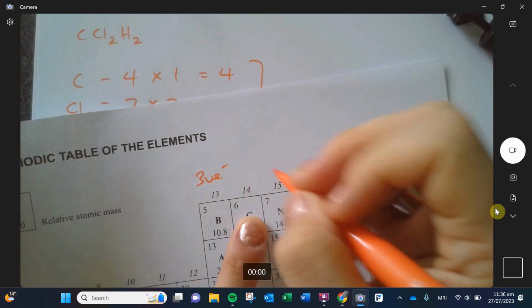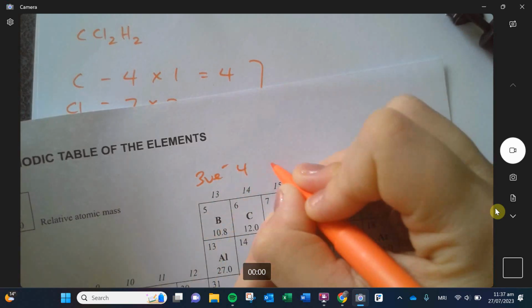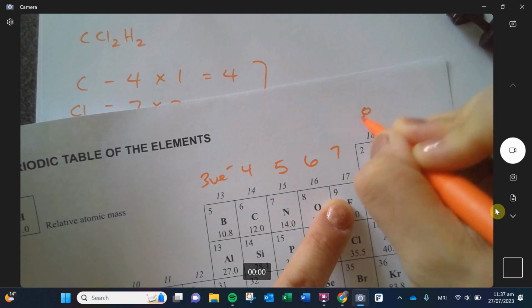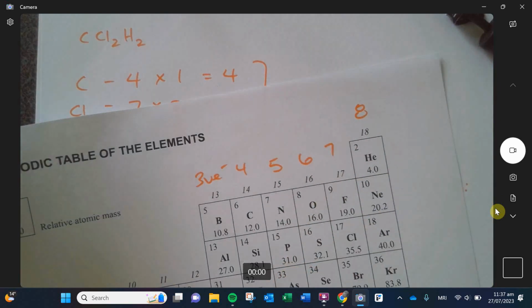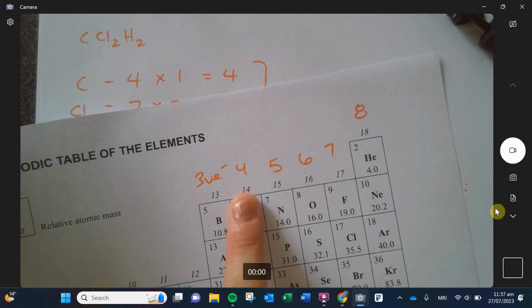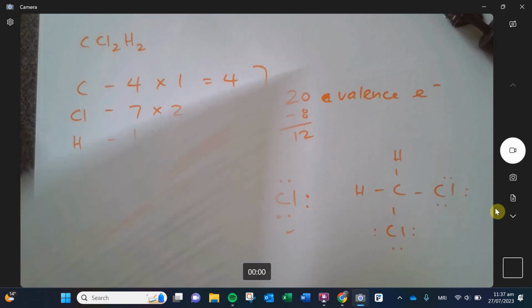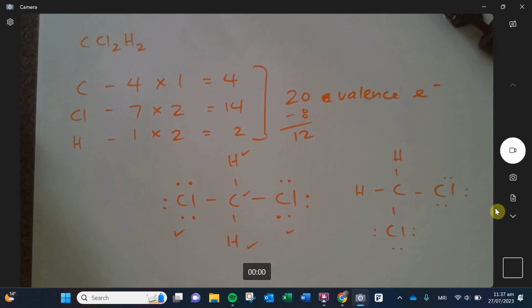Sorry, group 13. 14 would be 4, 15, 5, 16, 6, 17, 7, 18, 8. So what I do is I look for the element on the periodic table. Here's carbon. It's going to have 4. I look for chlorine. It's in 17. It has 7. So that's where I'm pulling these numbers from. Make sense? And you will be given a periodic table on the exam.